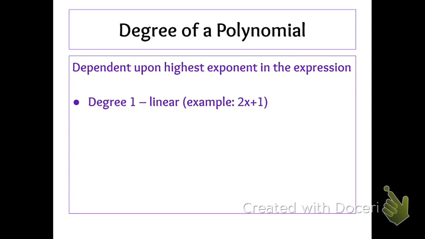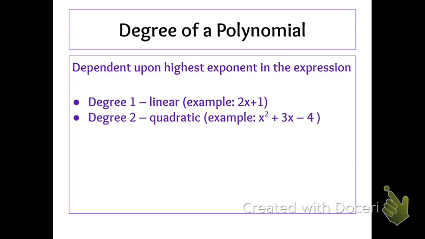Even though it's not written, that's like x to the first power. Quadratic is degree 2. If we look at this second one, there's an x squared and a 3x to the first. Out of a 2 as an exponent and a 1 as an exponent, the 2 is the larger number, so this is degree 2. So you always use the largest one.